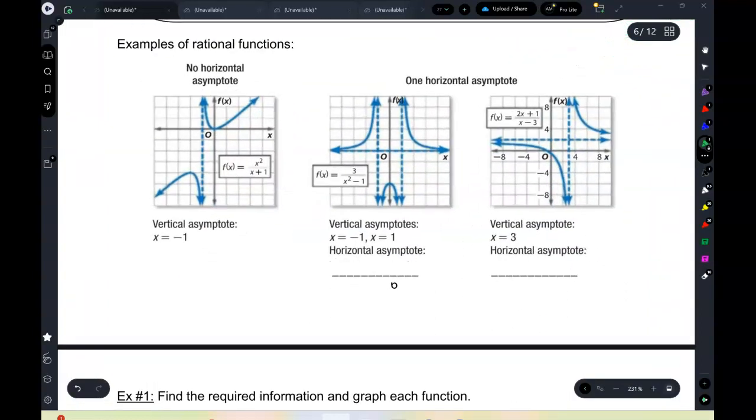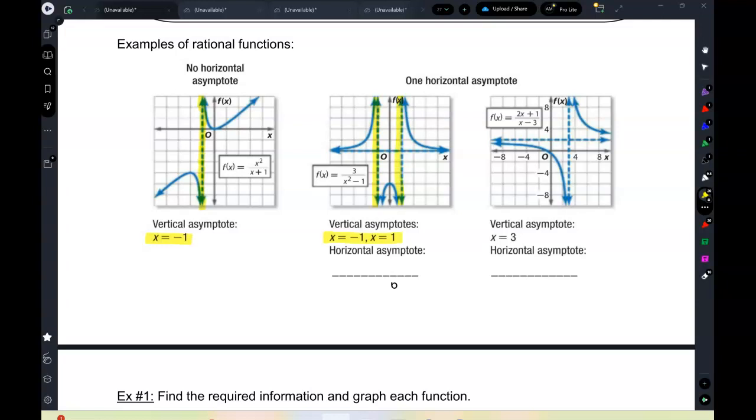Now, here's what it looks like if you have horizontal or vertical asymptotes. So take a look at this one. There is a vertical asymptote here, right? At x equals -1. There is not a horizontal asymptote. Take a look at this one. You have a vertical asymptote here and a vertical asymptote there at x equals -1 and x equals +1.